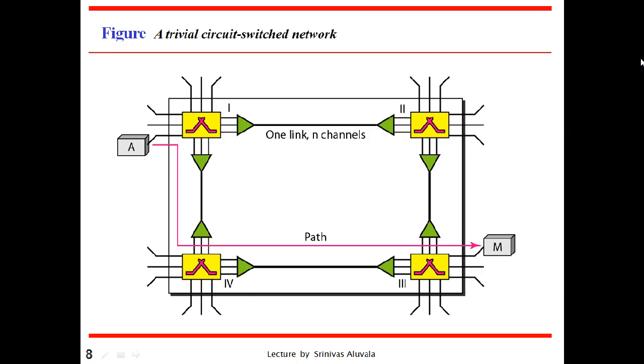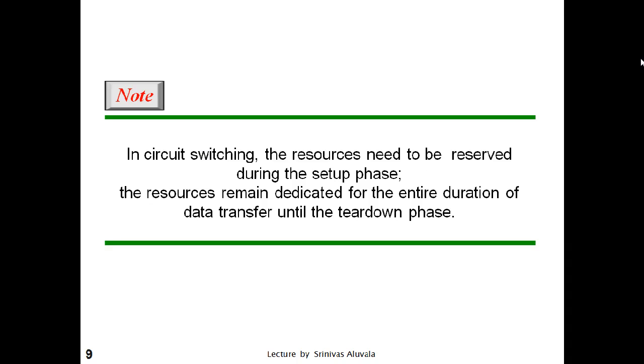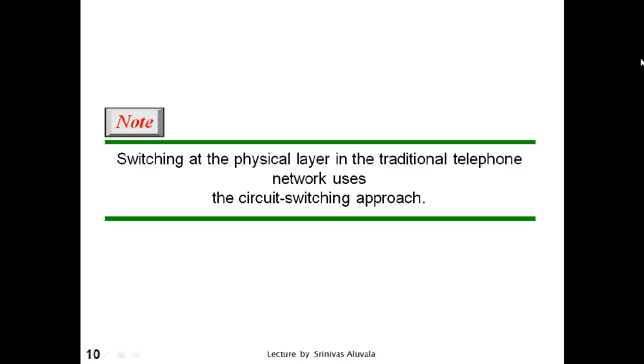So in a circuit switched network, before A sends a message or a data packet to M, a temporary dedicated link needs to be established to pass the data from the sender to the receiver. In circuit switching, the resources need to be reserved during the setup phase. The resources remain dedicated for the entire duration of the data transfer until the termination or teardown phase.